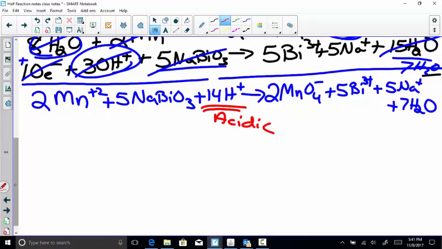Now, we're done. And we can double check if we want to, but you have 2 Mns, 2 Mns, 5 Nas, 5 Nas, 5 Bis, 5 Bis, 15 oxygens, 8, 7, 15 oxygens, and you have 14 hydrogens and 14 hydrogens.